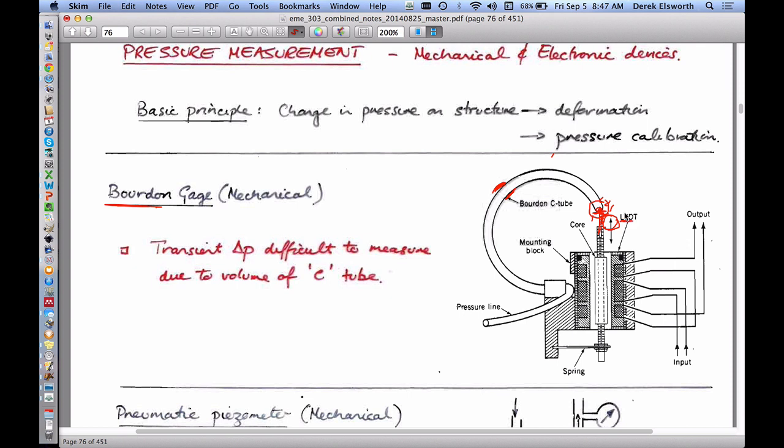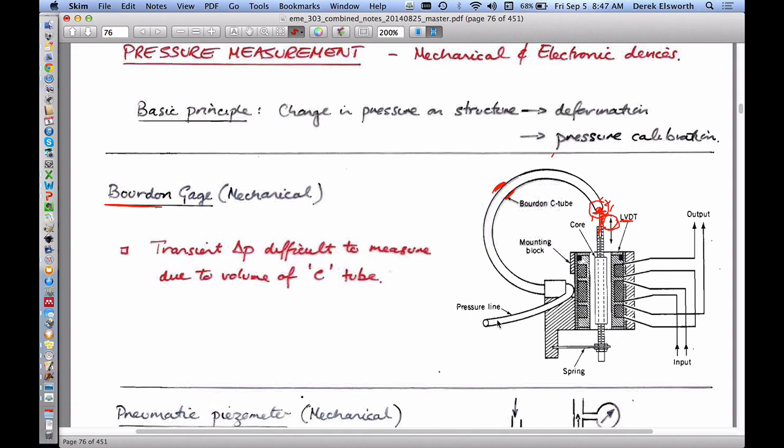In other words, a rod that runs through a magnet. As the rod is moved through the magnet, it induces a voltage, and that voltage you can calibrate relative to the magnitude of displacement. And so you can calibrate the displacement that you get of this either with an LVDT or with a mechanical gauge to figure out exactly what the pressure change is that it's measuring.